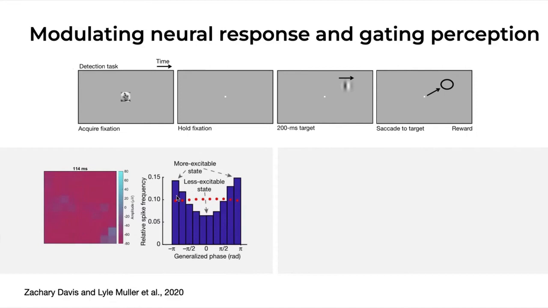And indeed, they found that the more excitable state of the wave increases the firing rate compared to the less excitable state.